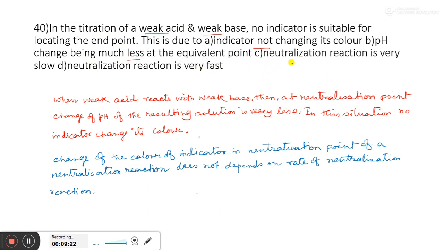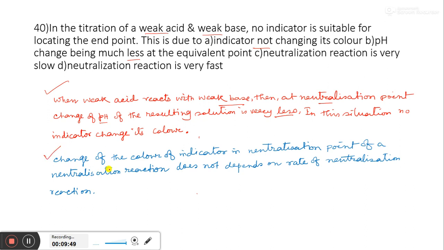Option C, neutralization reaction is very slow. Option D, neutralization reaction is very fast. We know when a weak acid reacts with a weak base, it is known as a neutralization reaction. Then at the neutralization point, the change of pH of the resulting solution is very small. And in this situation, no indicator changes its color.